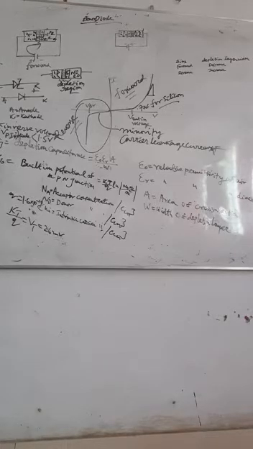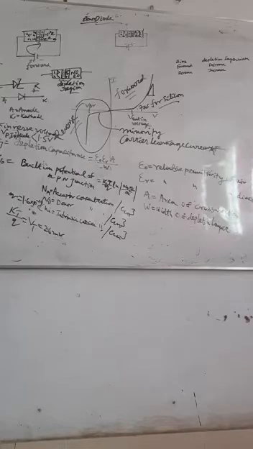This is the point of Zener breakdown, and before the Zener breakdown, up to this point, it is minority carrier leakage current. But when Zener breakdown happens, the knee current starts flowing and it will flow up to a certain limit. See, every device has some limit.